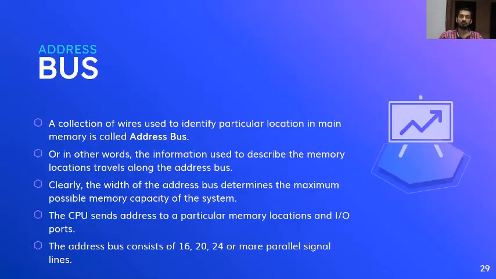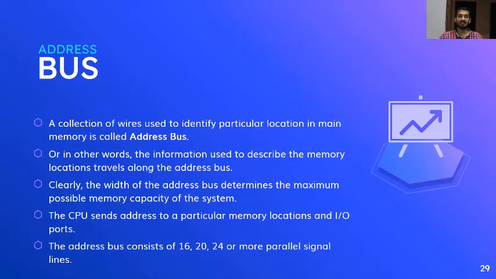Address bus. A collection of wires used to identify a particular location in main memory is called the address bus. So this bus identifies the address of the data in main memory. In other words, the information used to describe the memory location travels along the address bus.